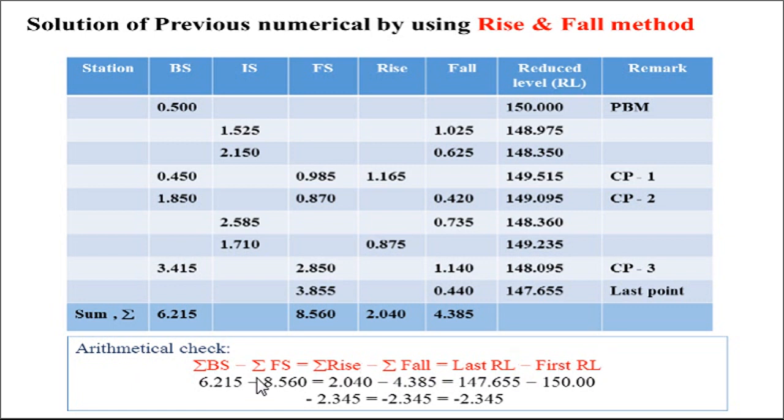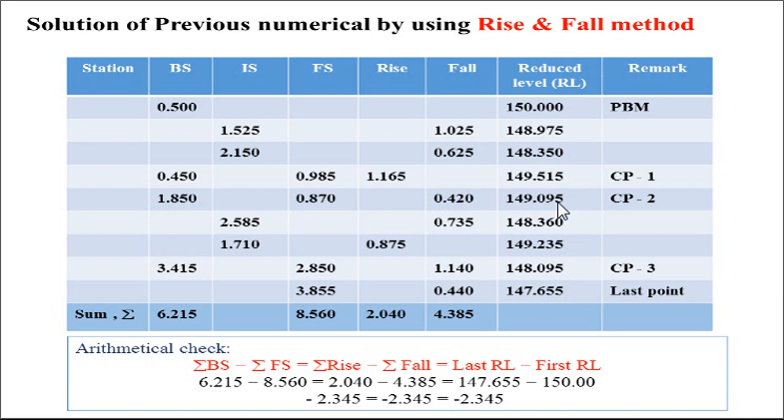Substituting the values, we get minus 2.345 for the first, minus 2.345 for the second, and minus 2.345 for the last. All three differences are the same, which means whatever readings we have entered and whatever reduced levels we have calculated are correct.